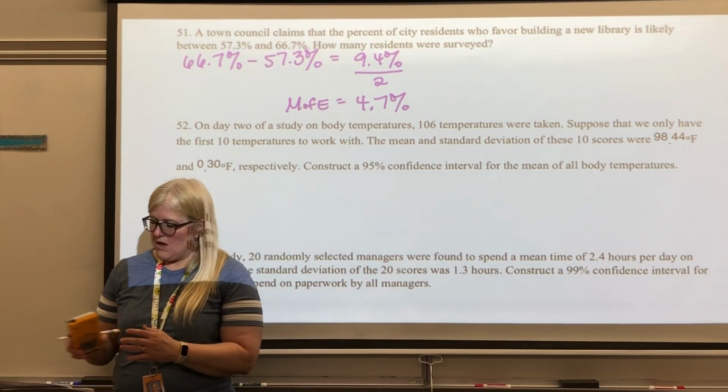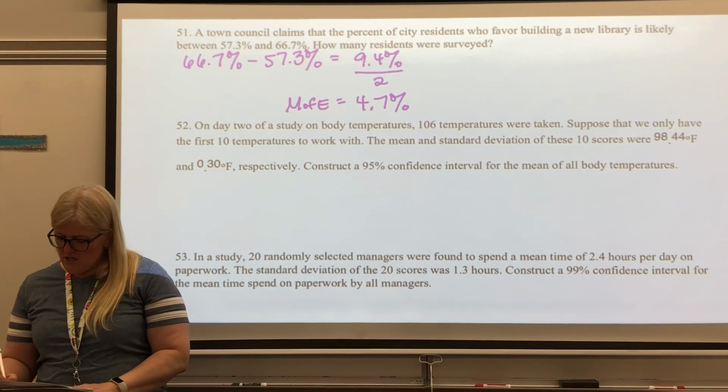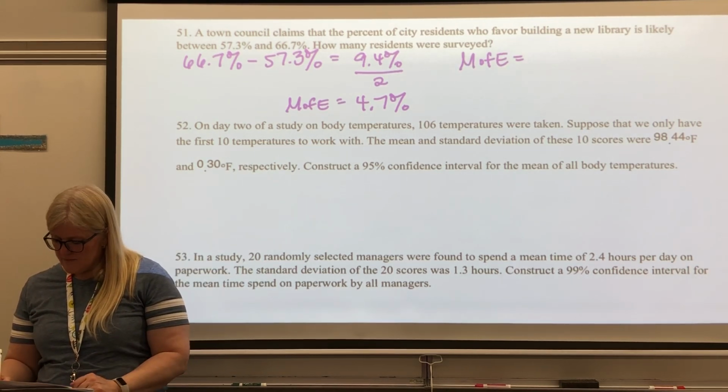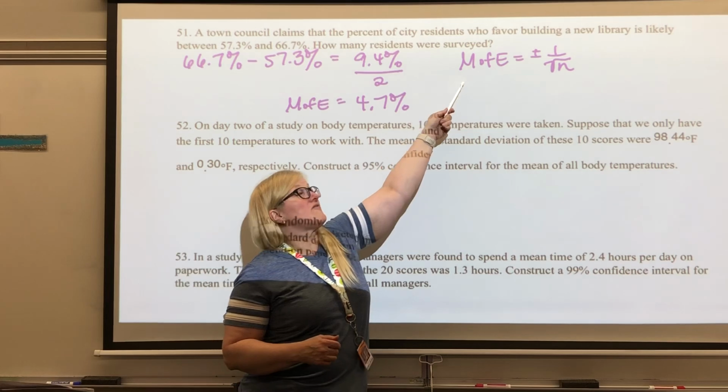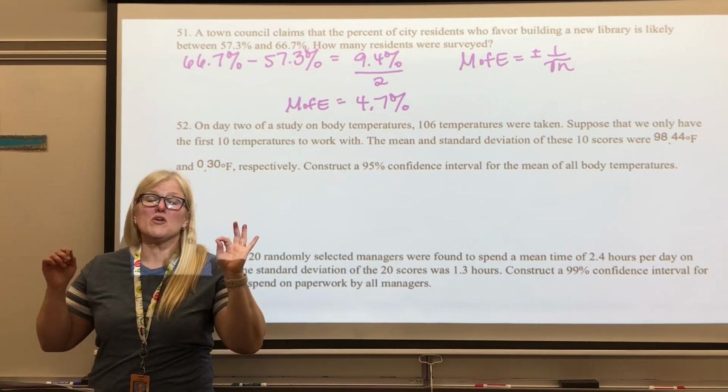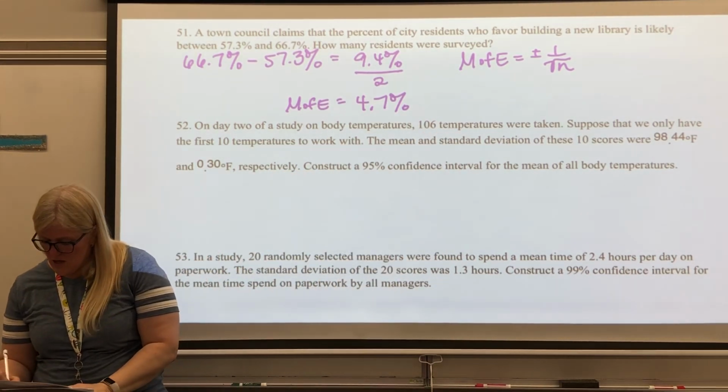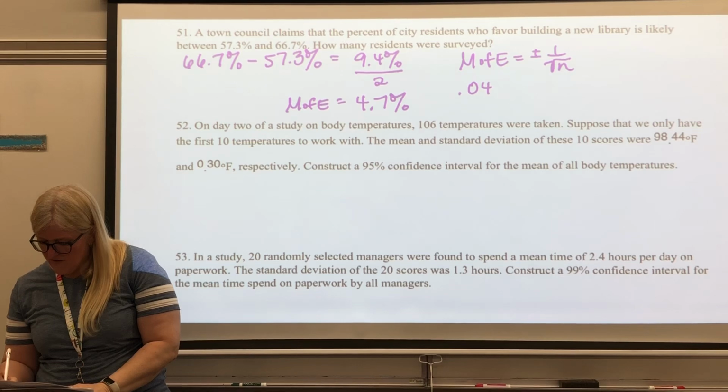Okay. Well, my margin of error formula is this, right? And I need to find n, and I just found the margin of error, but I need to put it in decimal form. So 0.047 equals plus or minus 1 over the square root of n.